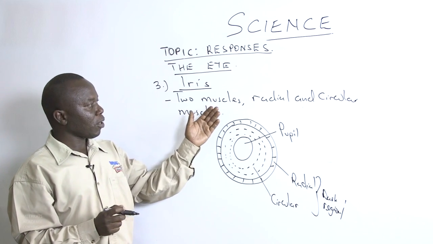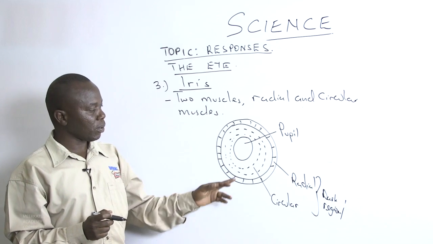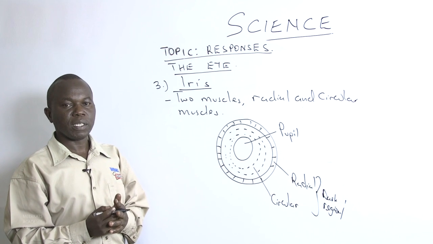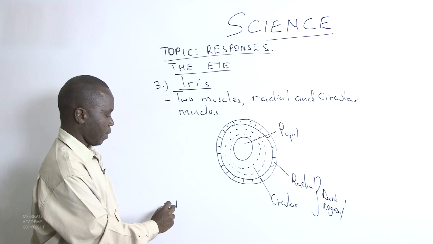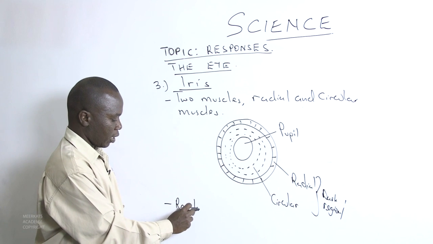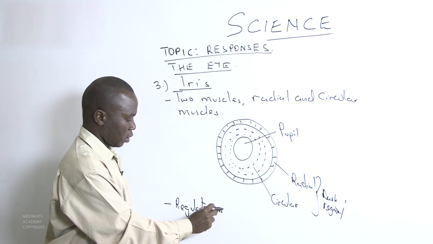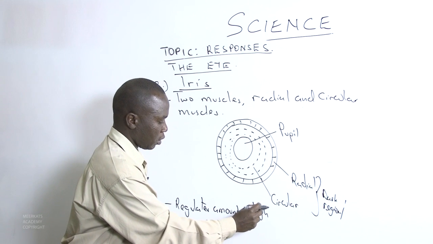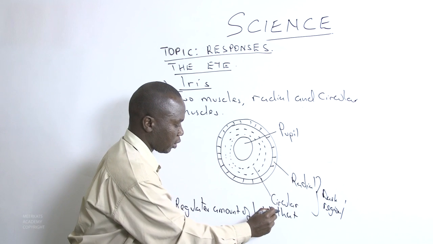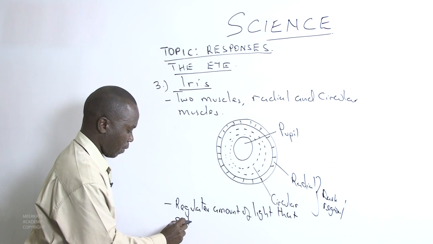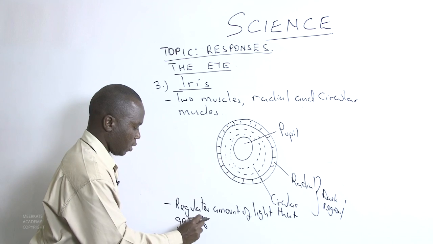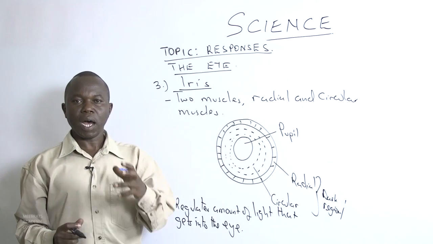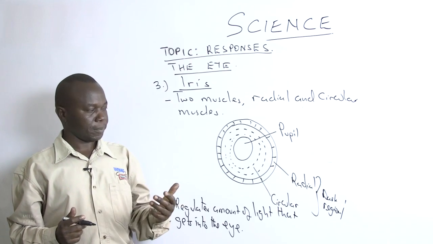So the major role of the iris is to regulate the amount of light that gets into the eye. So the question is, how does that happen?